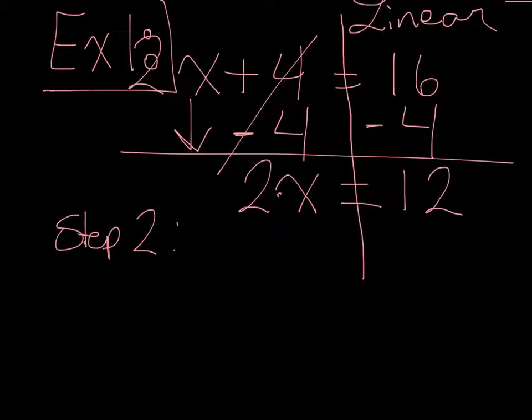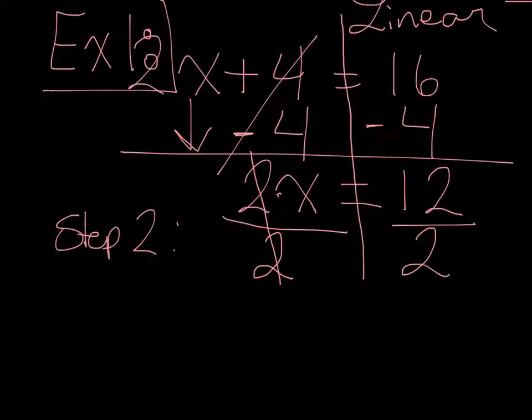So to undo multiplication, I'm going to do the inverse, or the opposite, which is to divide, and I want to make the coefficient 1. So if I divide by 2, that makes that a 1. And over here, I'll divide by 2. So I bring down that x equals 12 divided by 2 gives me 6.